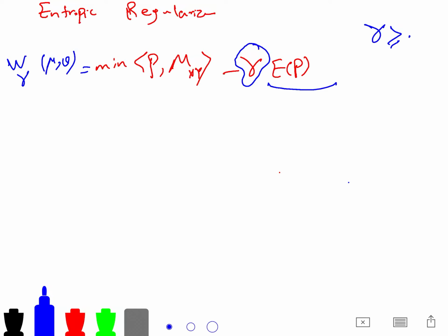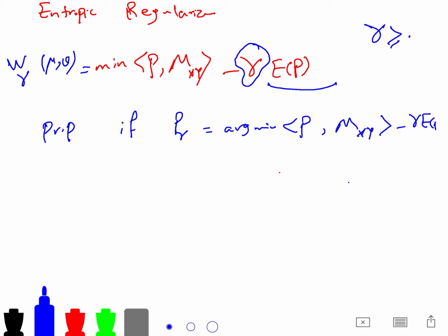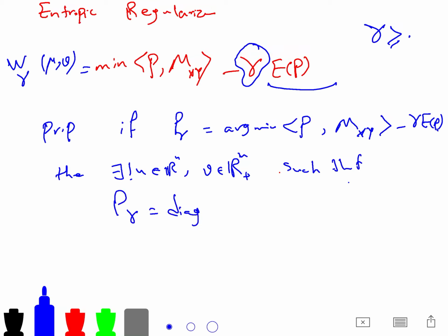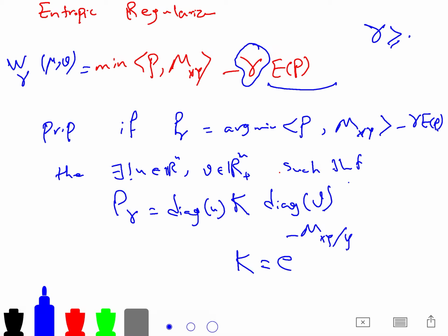And so for a fast scalable algorithm, you need this proposition: if P_gamma is the argmin of the inner product of M_XY and P minus gamma E of P, then P_gamma is diag(u) K diag(v), where K is now e to the power of minus M_XY over gamma.